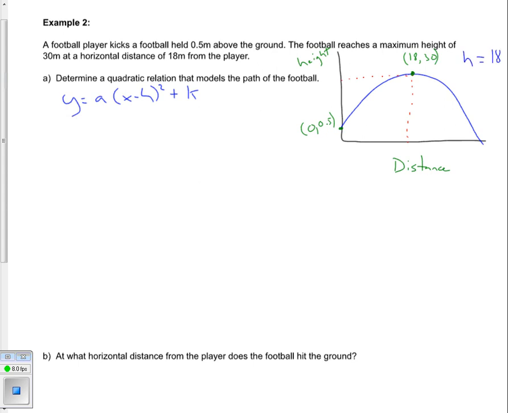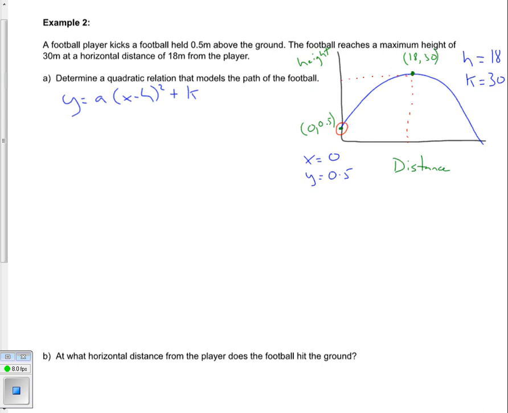The h value is positive 18. We know that the k value is 30. And we actually have another point on the parabola right here where the ball is initially kicked. We know that point is 0, 0.5. So we have an x coordinate of 0 and a y coordinate of 0.5.